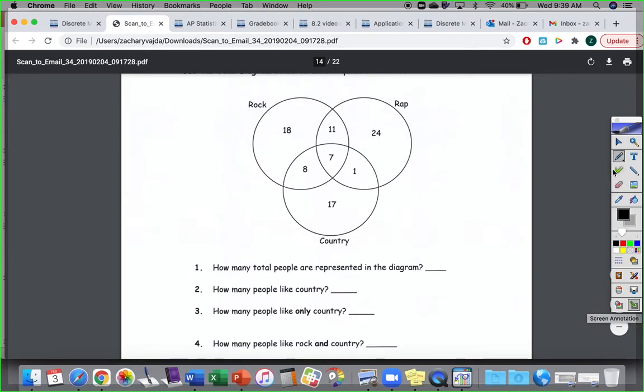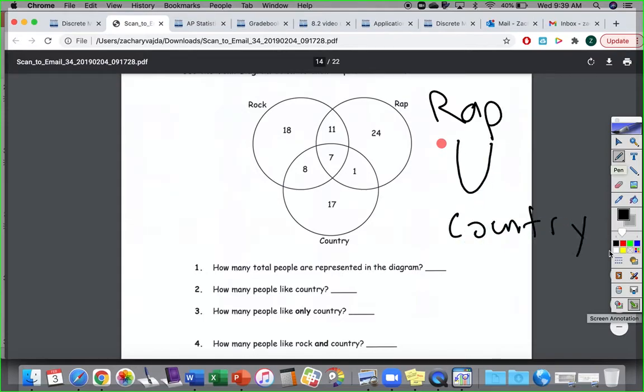Rap or country. So if we were shading, remember if I said rap union country, which we've been practicing now for days, you would say, okay, union means to unite. It means to take them all. Union means to unite it all.